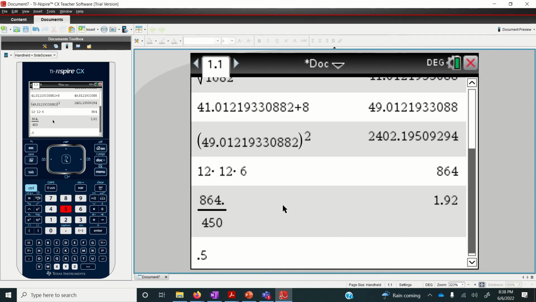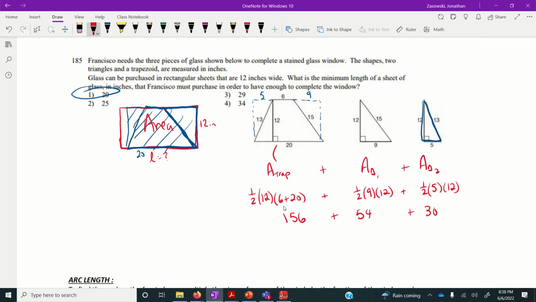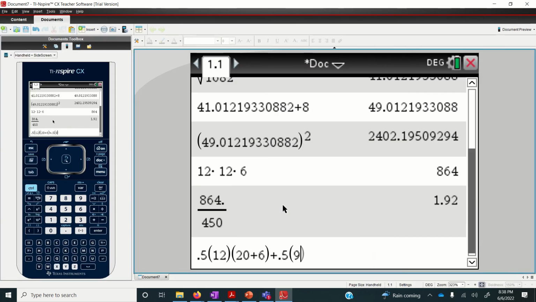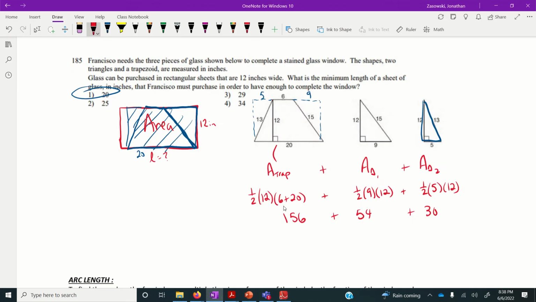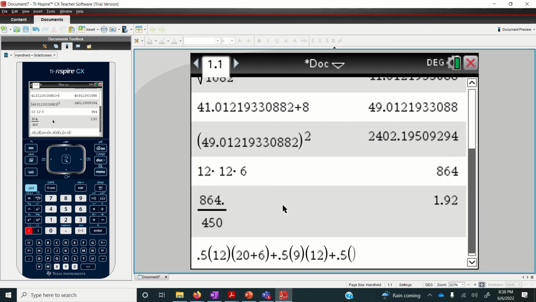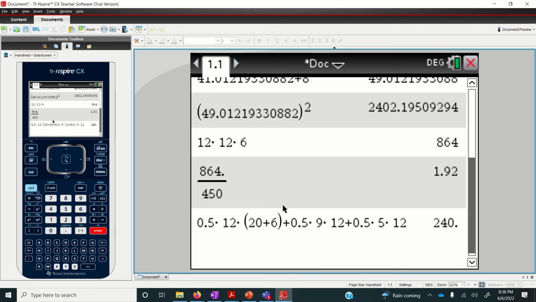You can also just type this right on your calculator. So 1/2 times, the height was 12, times 20 plus 6, plus 1/2 of 9 times 12, sorry, plus 1/2, and then this is 5 times 12. And we'll hit enter, and there's the answer, it's 240, okay?